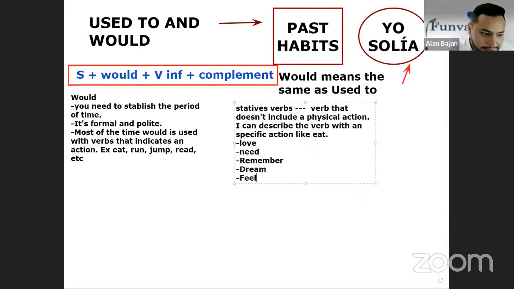Feel. What about find? Let me see. Let me look in my list.